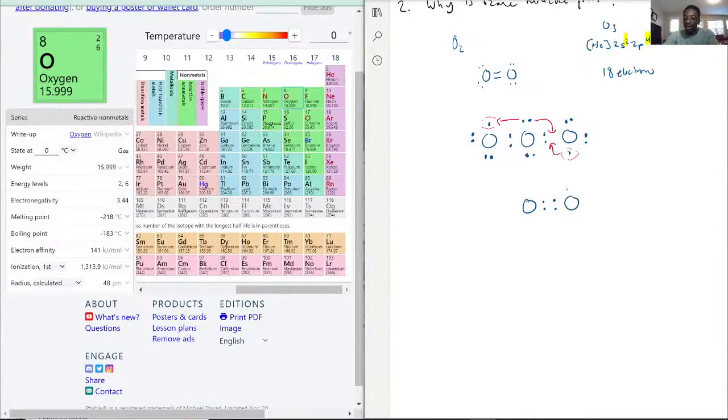So what we have now is oxygen in the middle, a double bond to the right, just because I chose it there, and then oxygen on the other side with a single bond, and 1, 2, 3, 4, 5, 6. If you count it out, you will see that we still have 18 electrons in there.